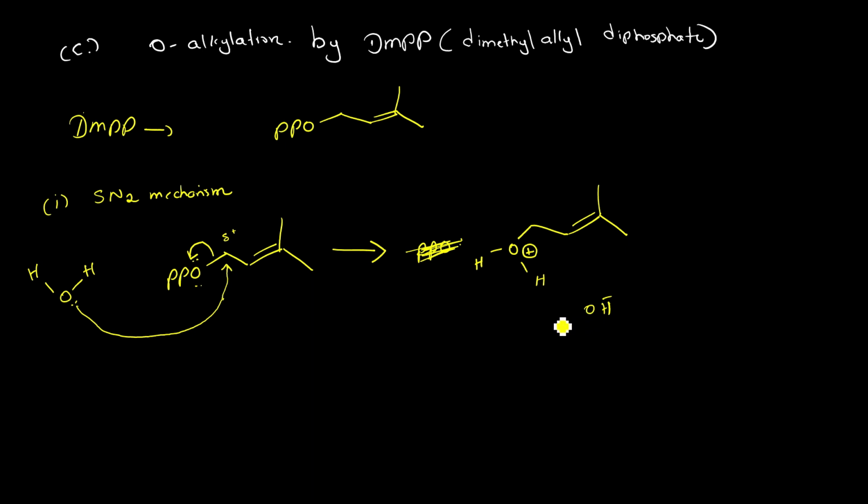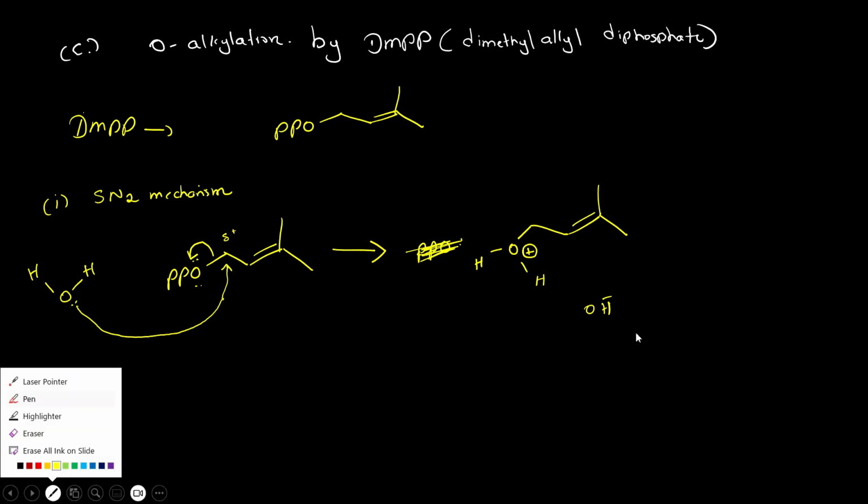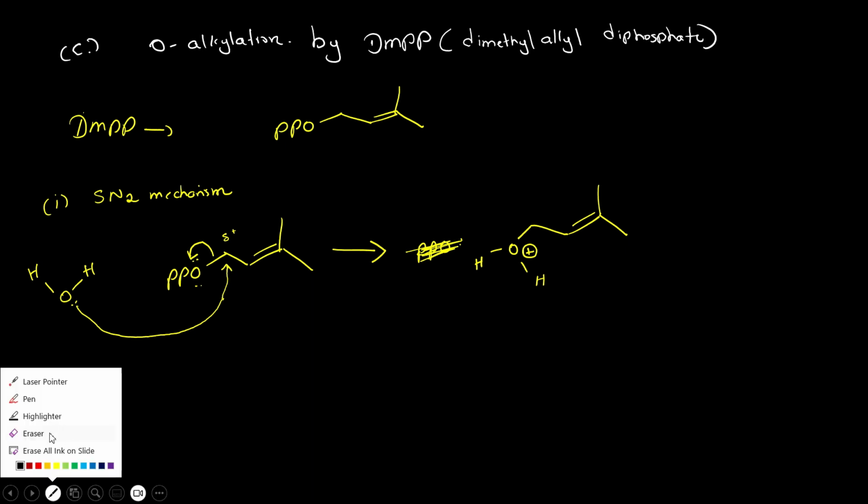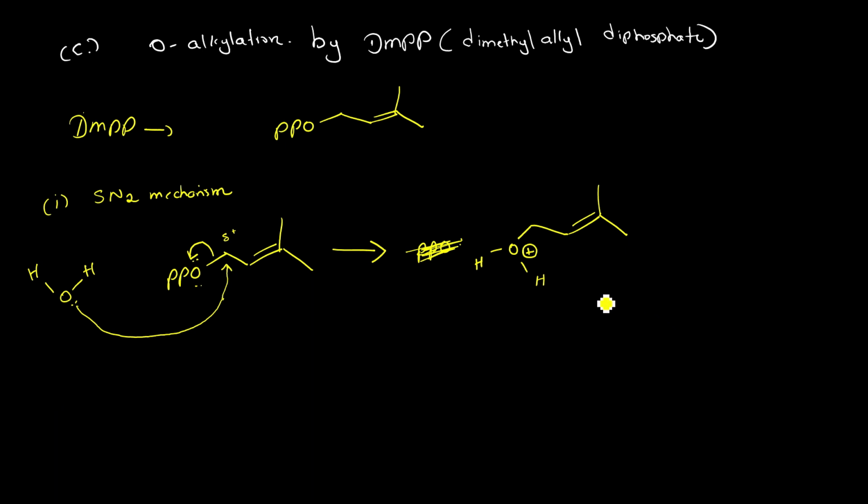In a biological system there should be enzymes, not something like KOH. These are not the bases in biological systems. If you need to remove a hydrogen, always remember you need to present a base in your mechanism. So your base can attack this particular hydrogen, so the oxygen can have its electrons.